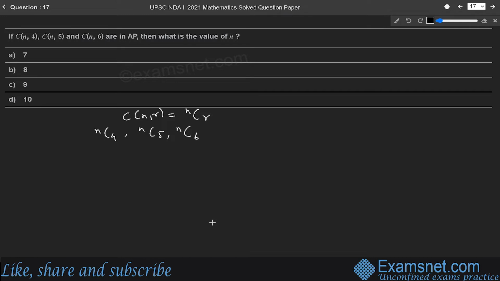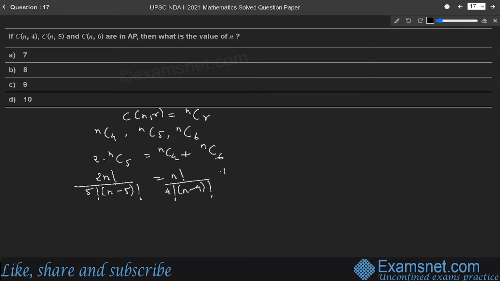Since they are in AP, it means that 2 into nC5 will be equal to nC4 plus nC6, and the values will be 2 n factorial upon 5 factorial into (n minus 5) factorial is equal to n factorial upon 4 factorial into (n minus 4) factorial plus n factorial upon 6 factorial into (n minus 6) factorial.